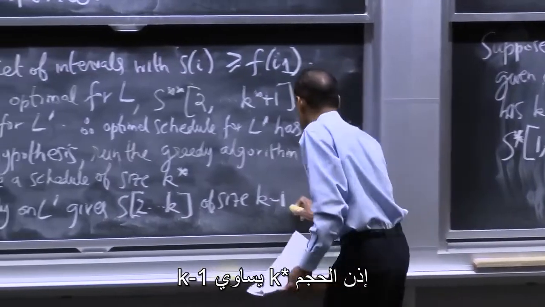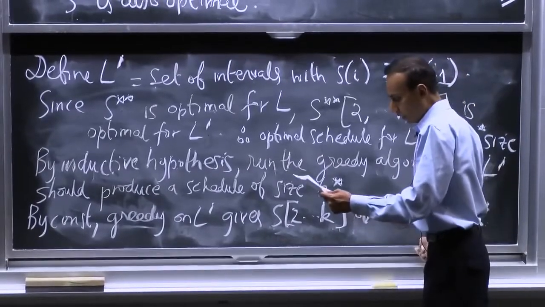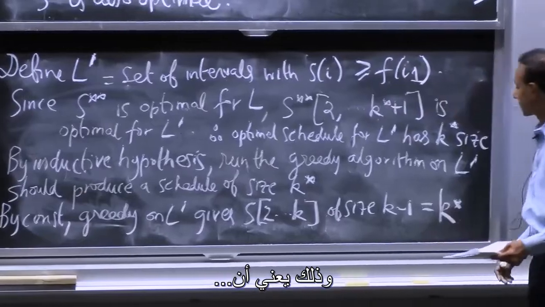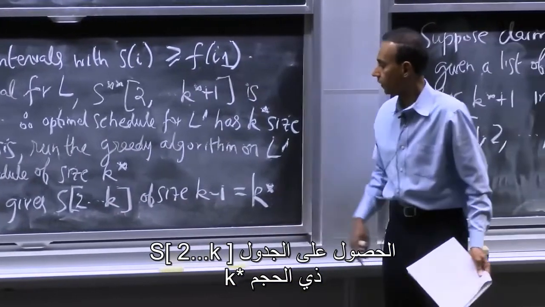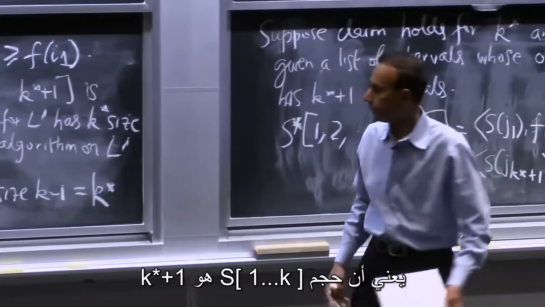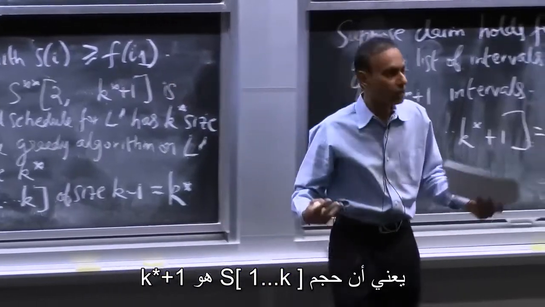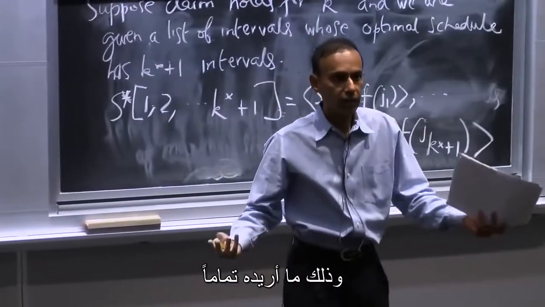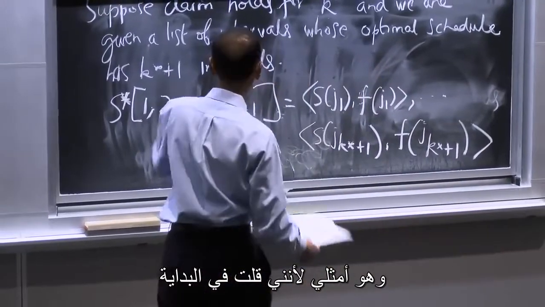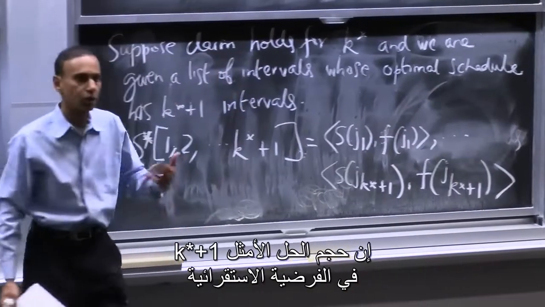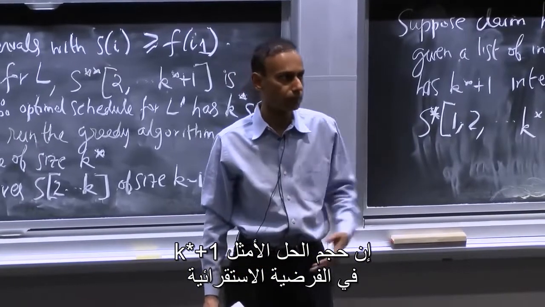So size K star, which is K minus 1. So what that means is, given that S2k is of size k star, it means that S1k is of size k star plus 1, which is exactly what I want. That's optimal, because I said in the beginning that we had k star plus 1 in our inductive hypothesis case as being the optimal solution.